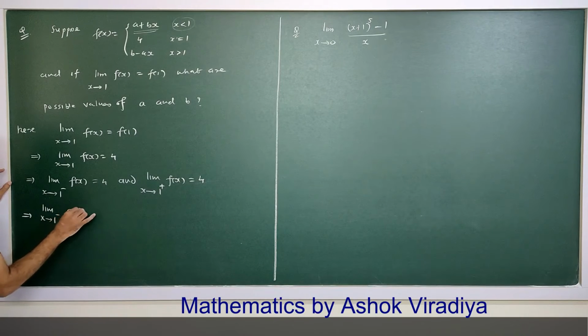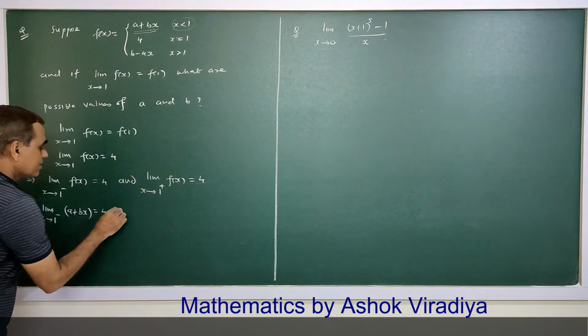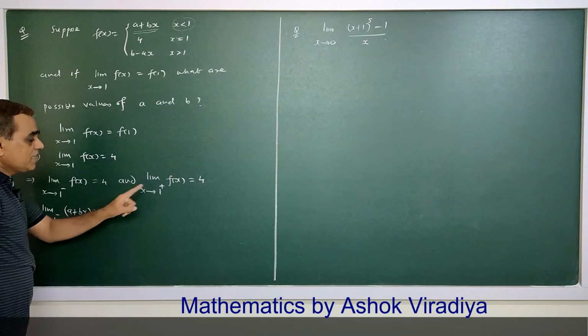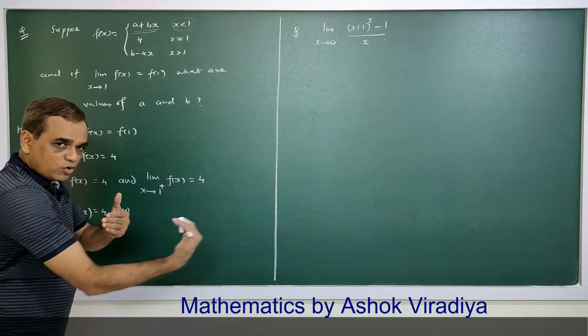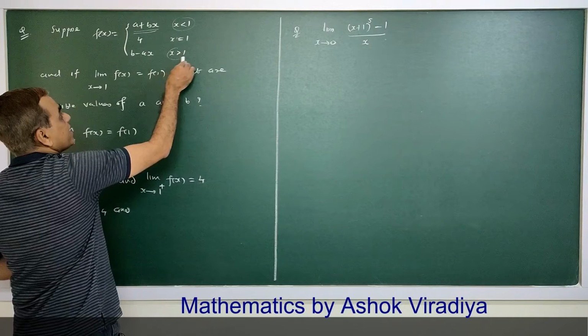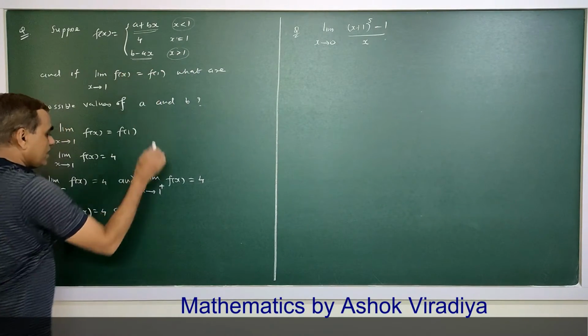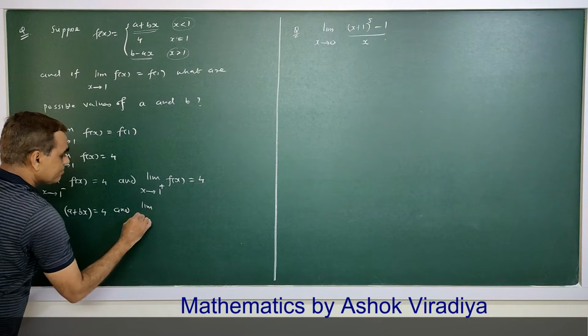And if x tends to 1 from right side means all values are more than 1, and if x is more than 1 we use this formula. So here I keep b minus ax.